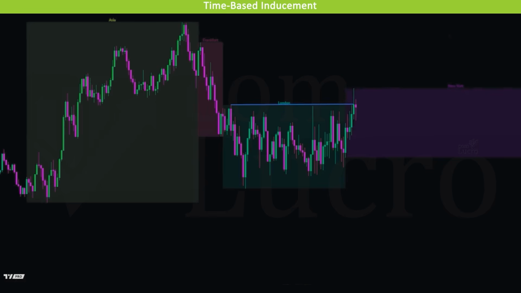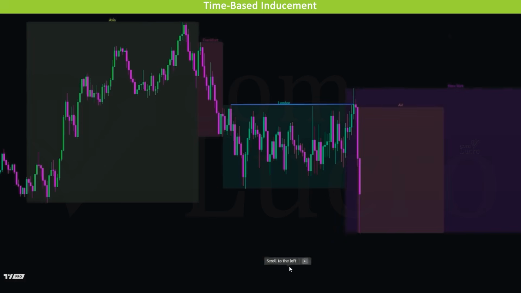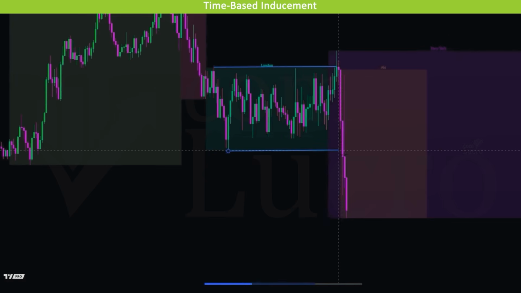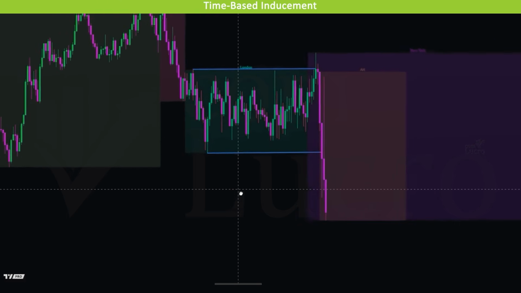However, immediately after taking the buy-side liquidity, price sharply reverses direction and drives lower, eventually sweeping the liquidity resting below the London session low as well. With this single sequence, both breakout buyers and early sellers end up getting trapped and stopped out. Once price breaks beneath the London low, many traders become convinced that the market has finally revealed its true direction.